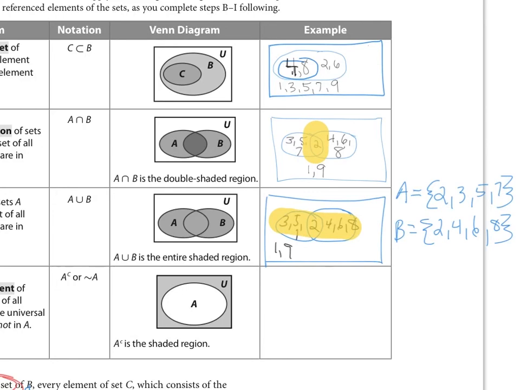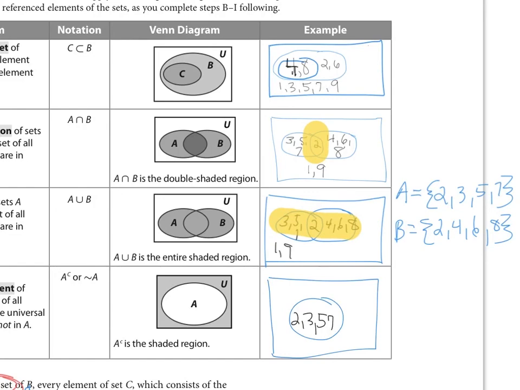And then finally, if we just have a simple diagram for our complement here, we know what's in set A, so we'll put those numbers in set A, which are 2, 3, 5, and 7. Very simply, any numbers that are not in set A are what we say are in the complement.